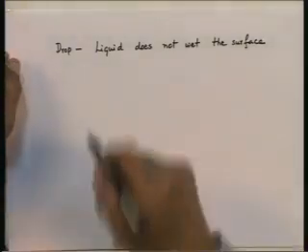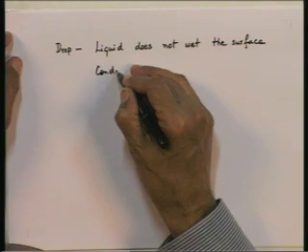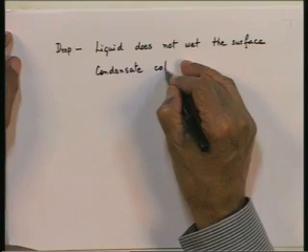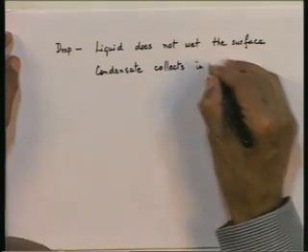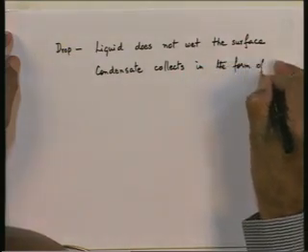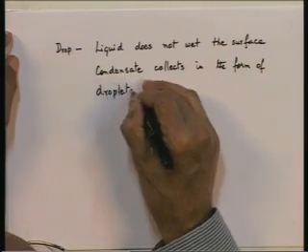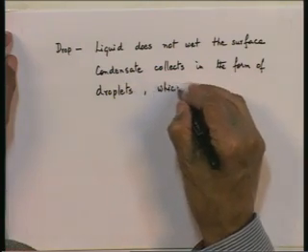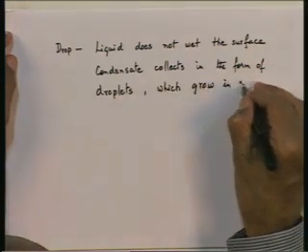So, when the liquid does not wet the surface, the condensate collects in the form of droplets. These droplets grow in size as more and more condensate forms on them.